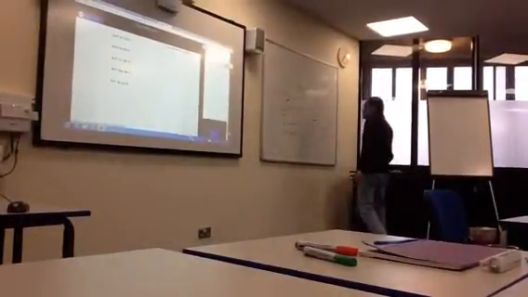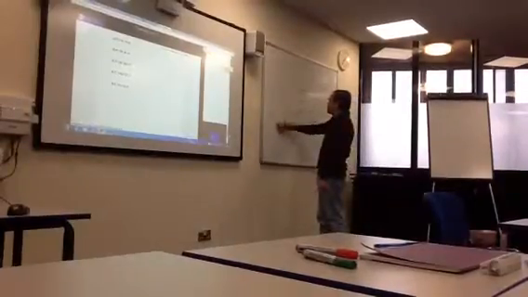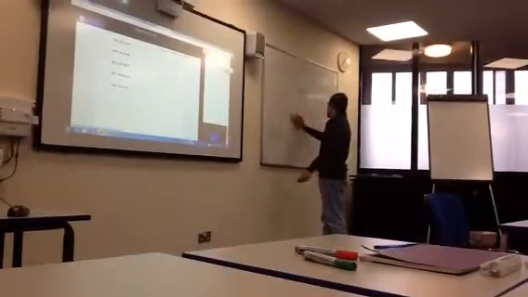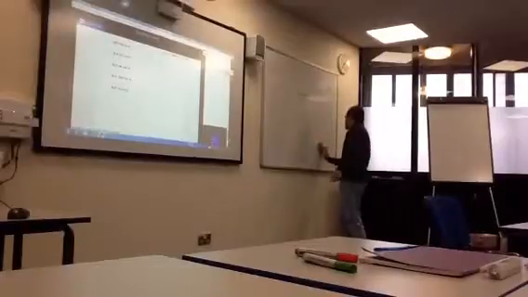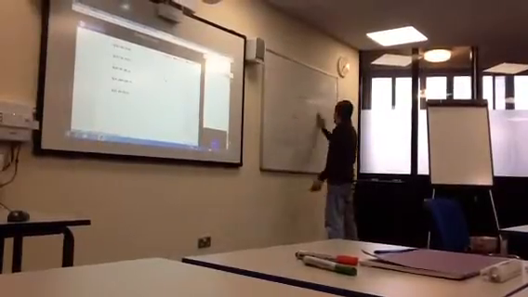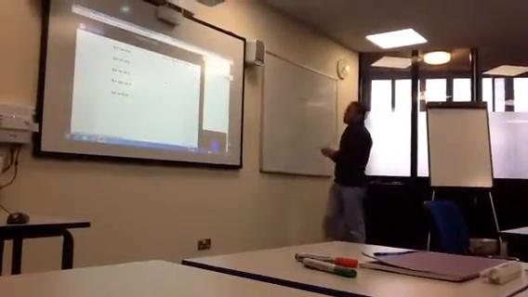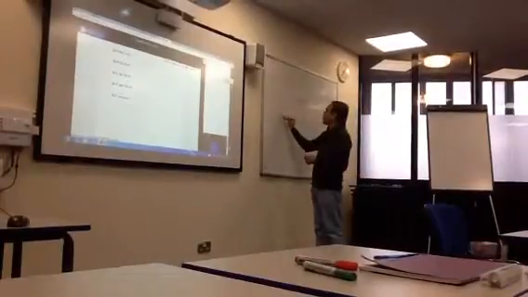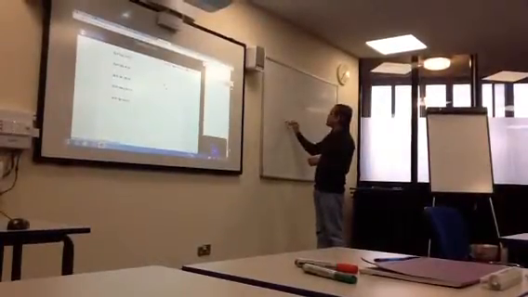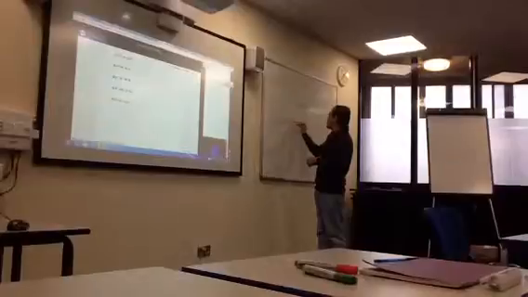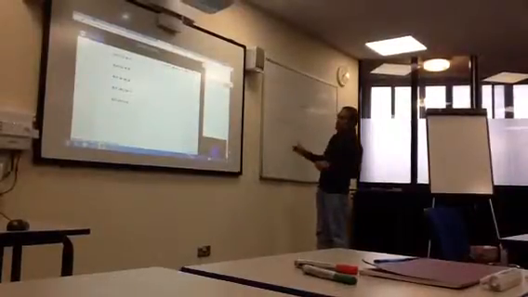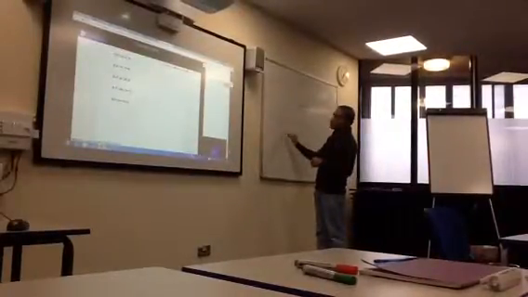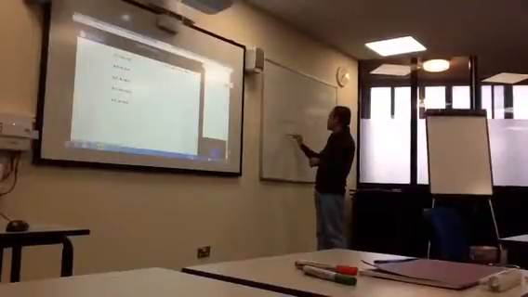X square minus 10x plus 25 is 0. And the other one, x square minus 5x plus 6 is 0.